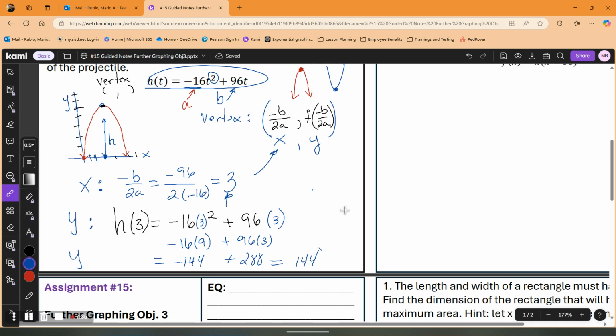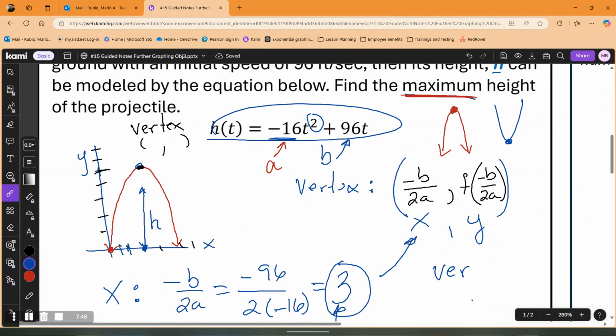Remember, we're solving for y, so y equals 144. These are my two numbers: my answer for x is 3, my answer for y is 144. So the vertex is at 3, 144.